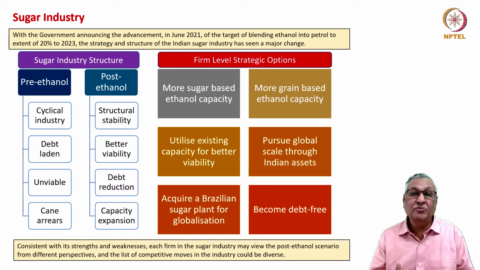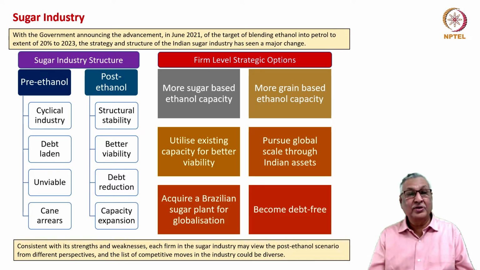Because the base is now more structurally sound, they have greater ability to compete in the export markets. Brazil is a big competitor to India in the sugar industry. So the firms with better viability could acquire a Brazilian sugar plant for globalization. Eventually, the target of sugar industry would be to become debt free.